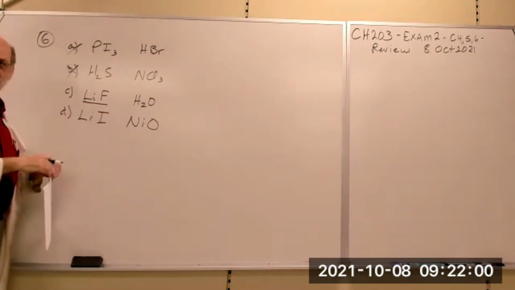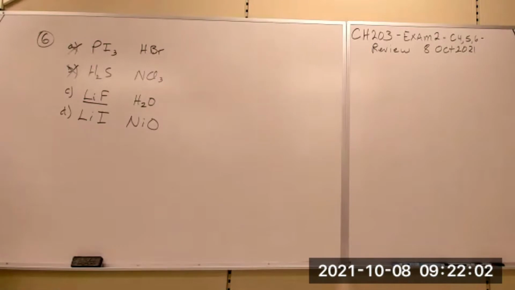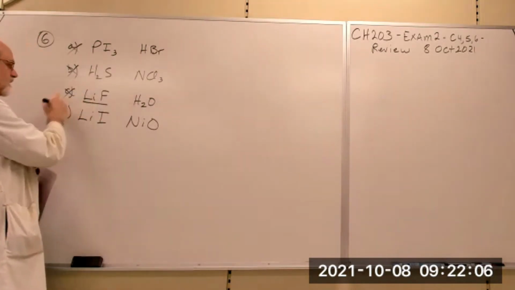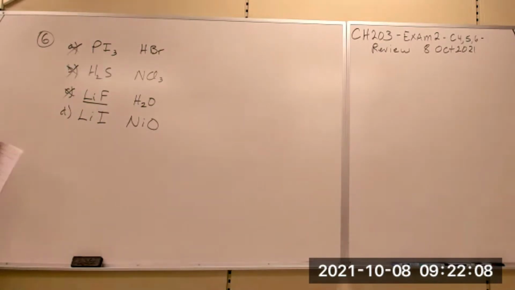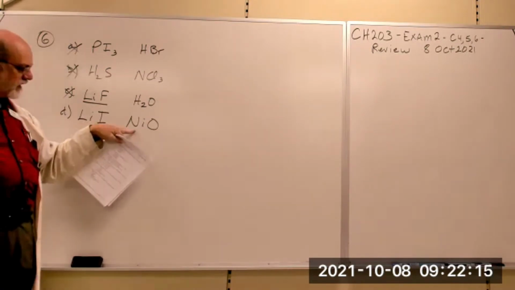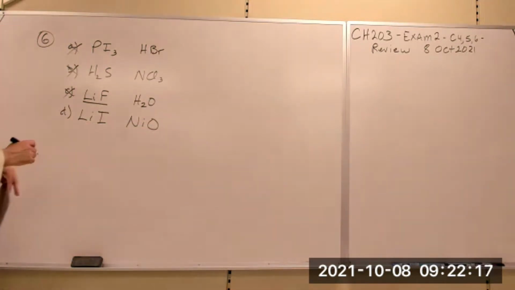How about water? Water's covalent. We know that. It's easy. So by process of elimination, these must be both ionic. Lithium and iodine, metal, nonmetal. Metal, nonmetal. We're good there. So that answers the question. Those are both ionic compounds.